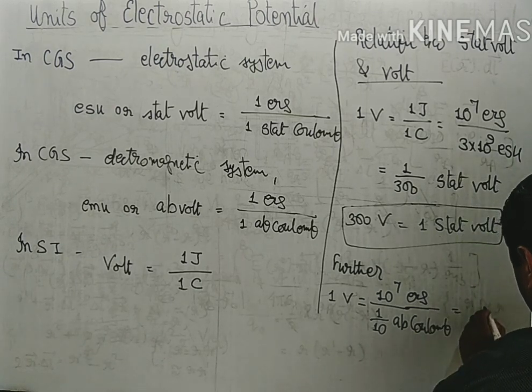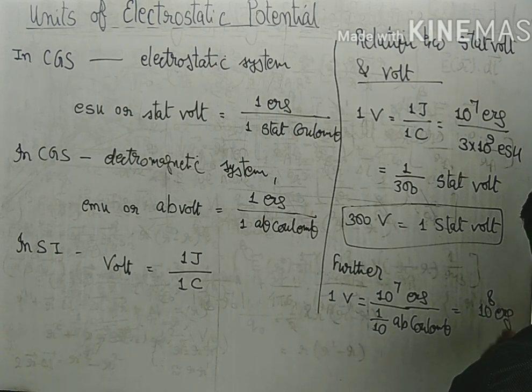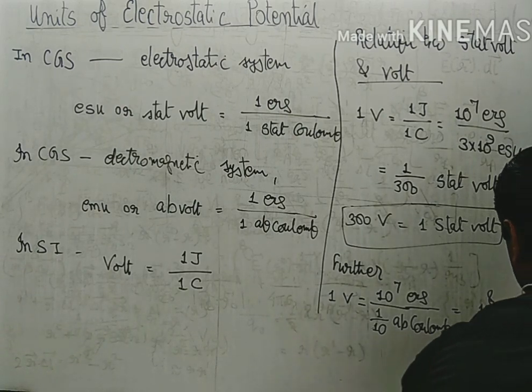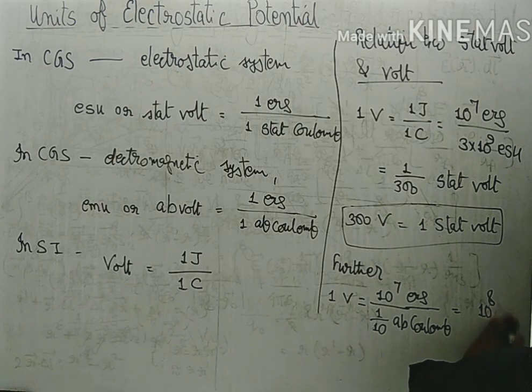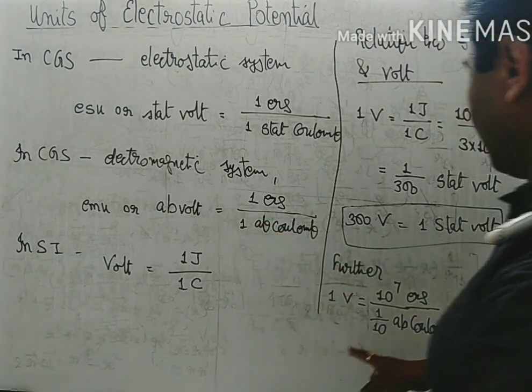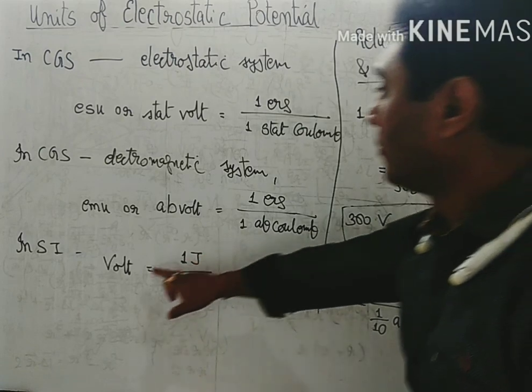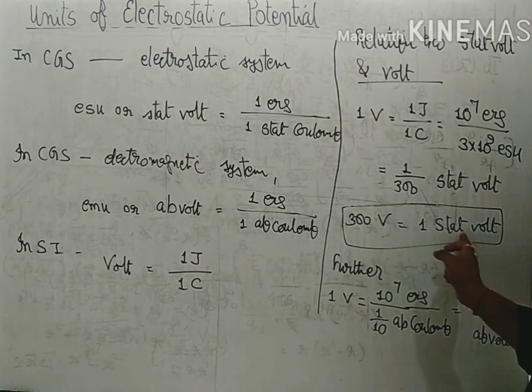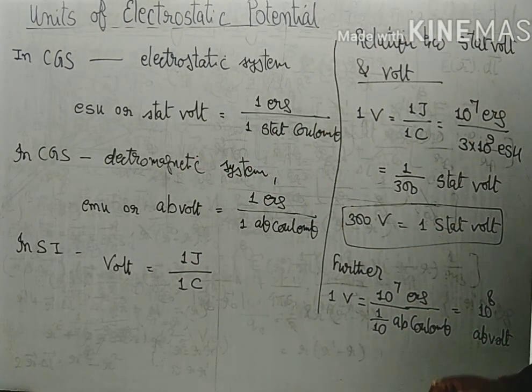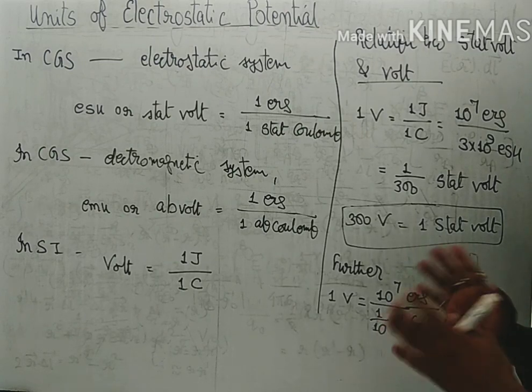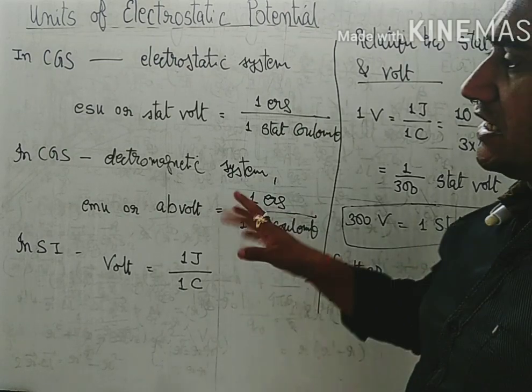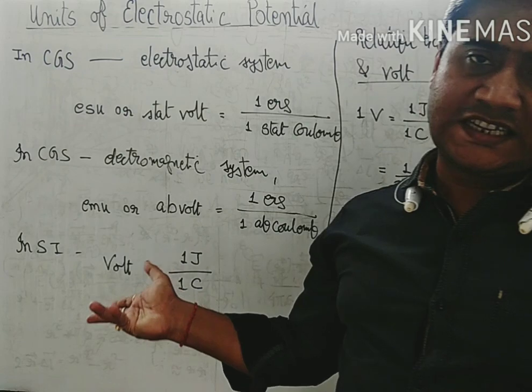So this finally gives us 10 raised to 8 ab volt. So this way, this is the relationship between this volt and ab volt, and earlier we had volt and this stat volt. So this is the relationship, just to have the interconversion between CGS and SI.